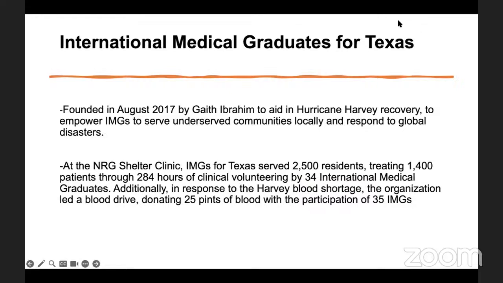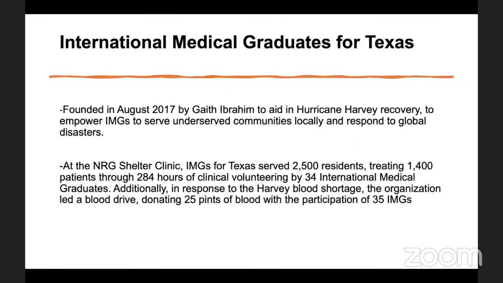I had the pleasure of being a co-founder of a nonprofit organization back in 2017. The name was International Medical Graduate for Texas. That happened when Hurricane Harvey struck Houston in 2017, and it was founded by Gaith Ibrahim.